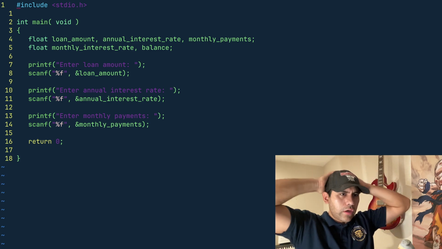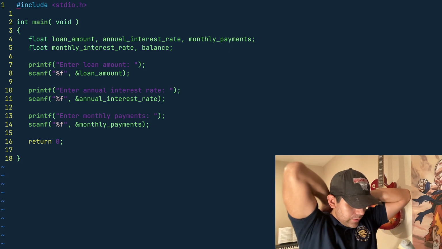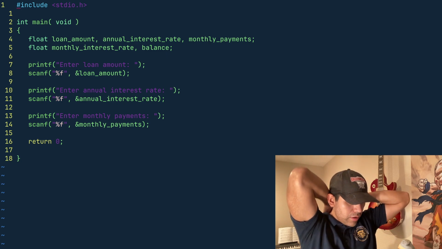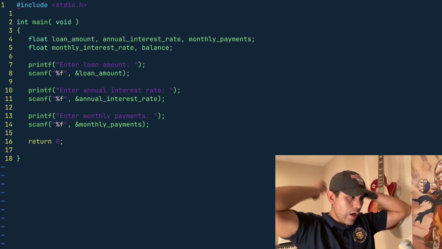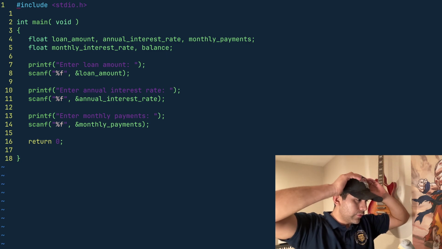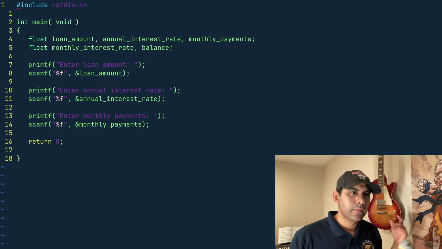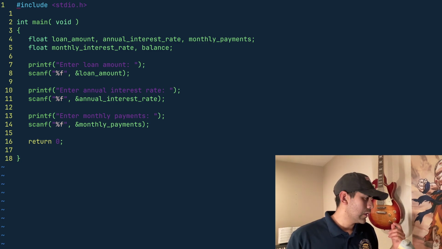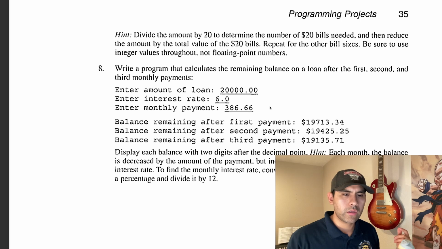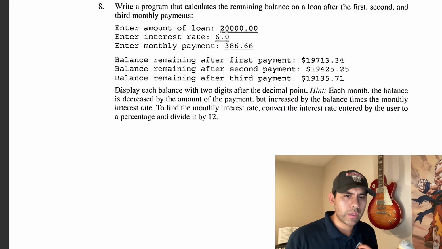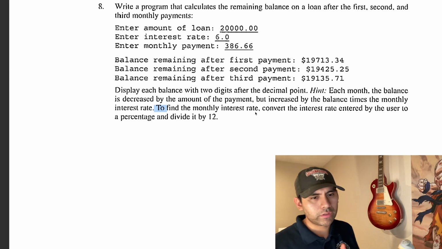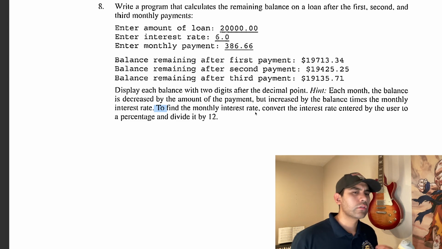Okay, now we need to convert our annual interest rate to monthly interest rate. To find the monthly interest rate, convert the interest rate entered by the user to a percentage.